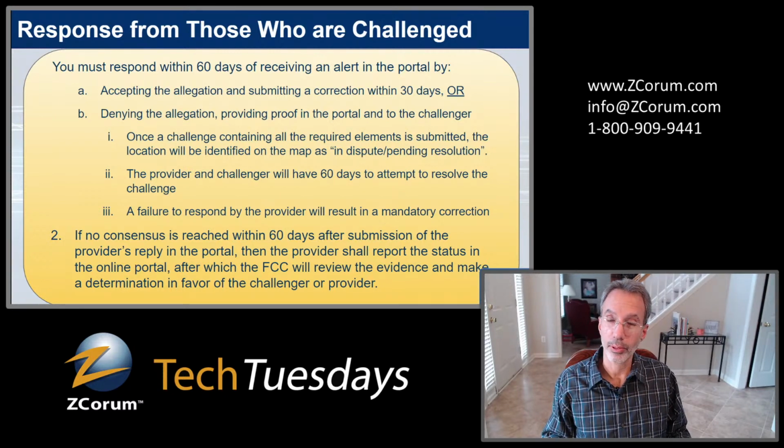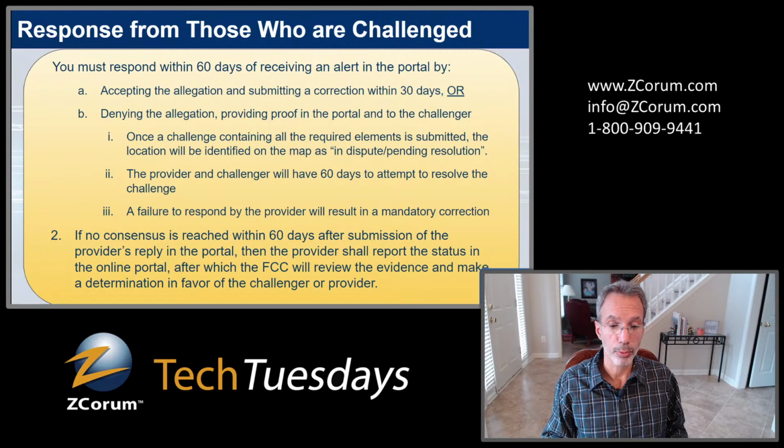And if they can't resolve the challenge, so if the provider says, I'm sorry, we are providing it, and the consumer says, no, you're not, they can't come to an agreement on that, then that will result in mandatory correction, which means the FCC will tell the provider, well, you need to go in and take that out, or the FCC will do it if the provider doesn't.